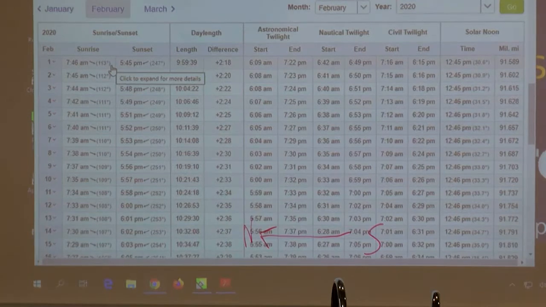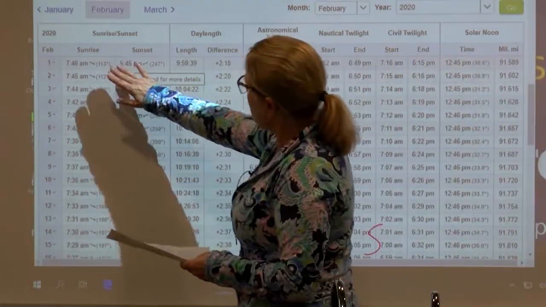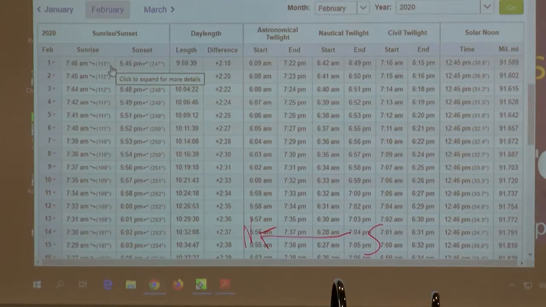So this is going to be your first graph. Your first graph, you're going to use the dates that I told you. And graph using the y-axis. Here is going to be the days. Here is going to be time of sunrise.